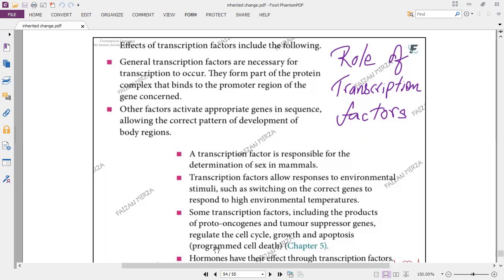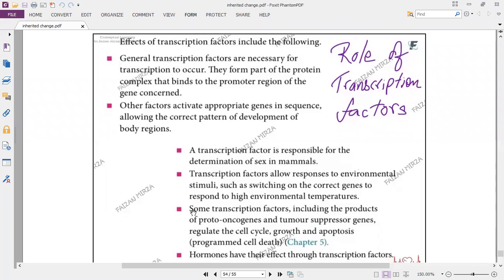Hormones also exert their effects using transcription factors. You may recall how the collecting ducts become permeable to water in the presence of aquaporin, which is attached to the apical surface of the membrane, because the basolateral membrane of the collecting duct is attached with the ADH hormone. When ADH hormone attaches to the basolateral surface of the collecting duct cells, it triggers a series of events inside the cell, which initiates the transcription of the gene that codes for aquaporin.